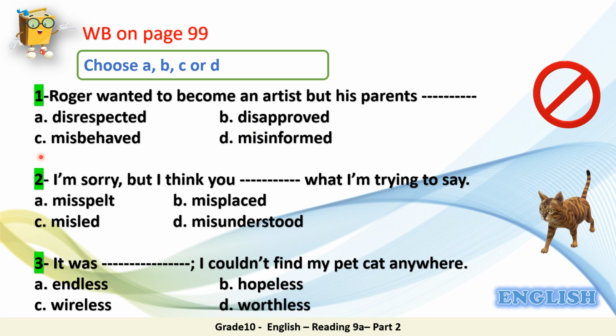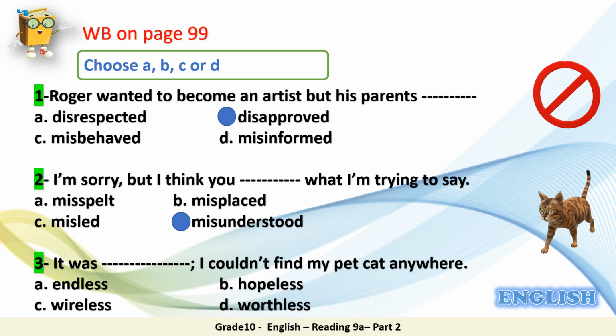The correct answer is, excellent, they disapproved, they didn't agree with him. Sentence number 2. I'm sorry, but I think you misspelled, misled, misplaced, or misunderstood what I'm trying to say. I'm trying to make you understand, but you, very good, misunderstood what I'm trying to say.